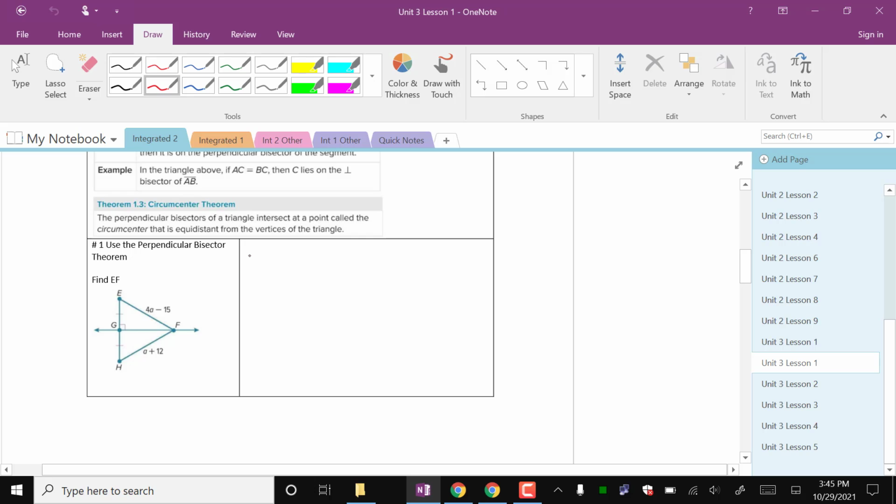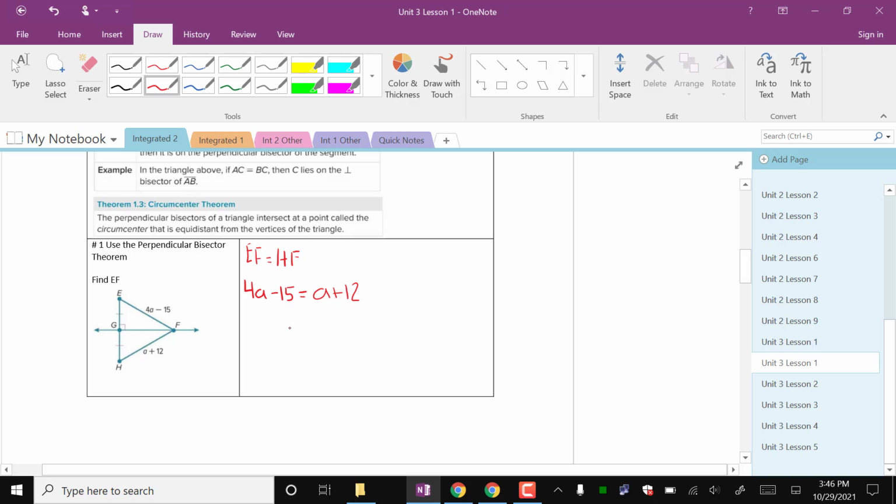So we know that EF equals HF because that's what the theorem tells us. So we have that 4A minus 15 equals A plus 12.